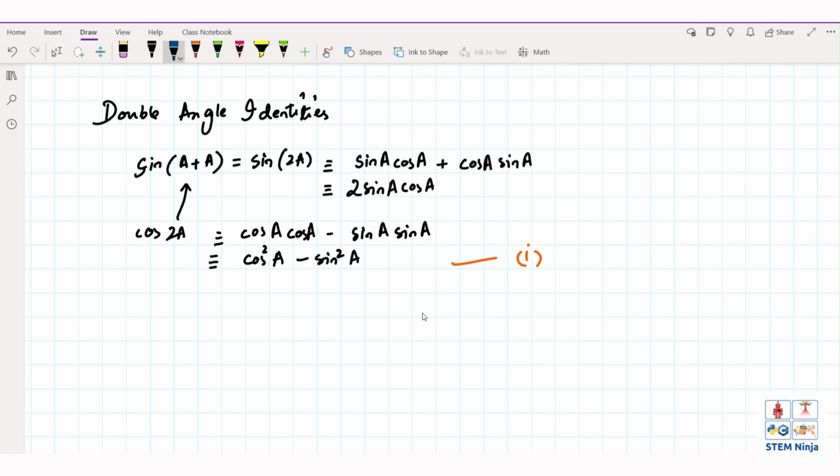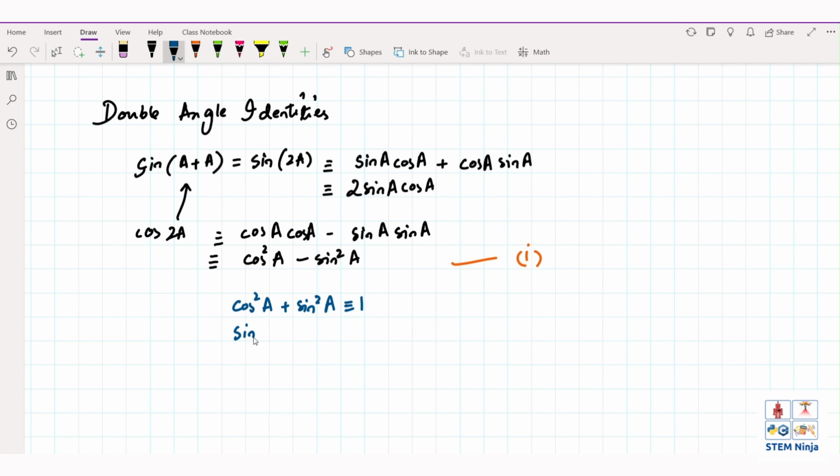Why? Because we know that cos squared A plus sine squared A is identical to 1. So if we do not have one or the other, we can represent the same information in the form of the other one. So for example, if cos information is not available, we can write it in form of sine.